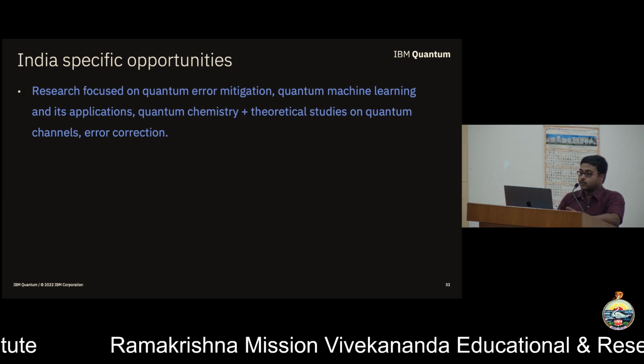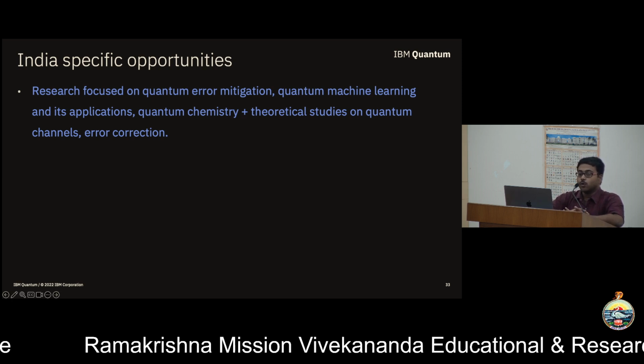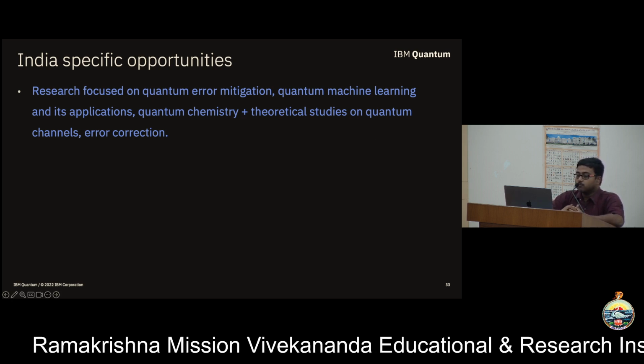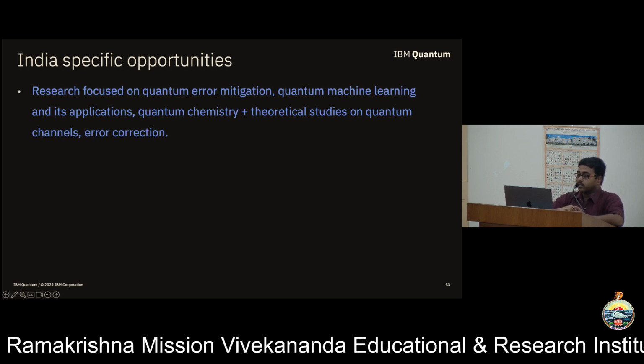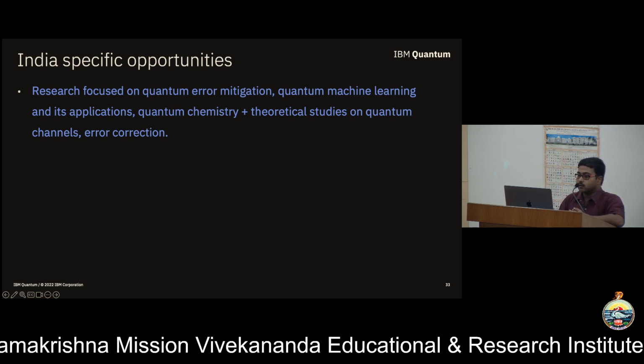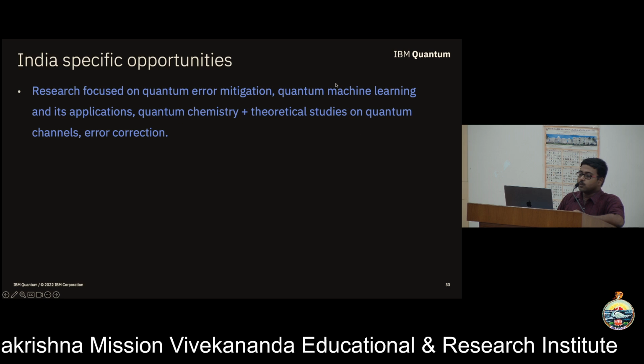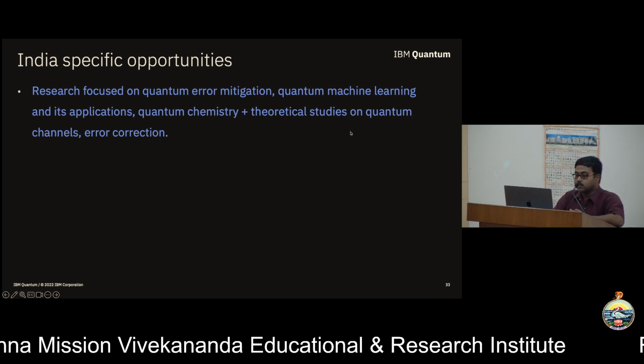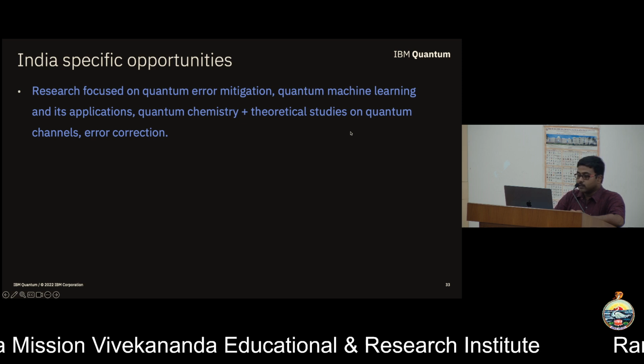Even I should update this. Now we are also working on biochemistry like protein folding and all with IIT Madras. Quantum chemistry is naturally with IIT Madras, here with TCG Crest and others. And we are also a bit into theoretical studies of what a quantum channel is, how we characterize that, how we do better error corrections and all.